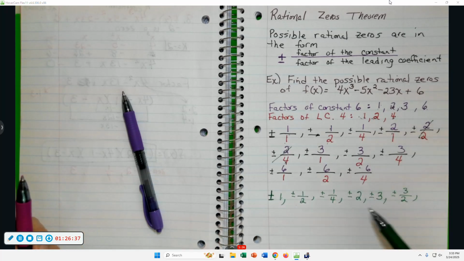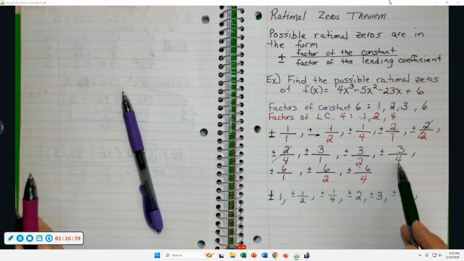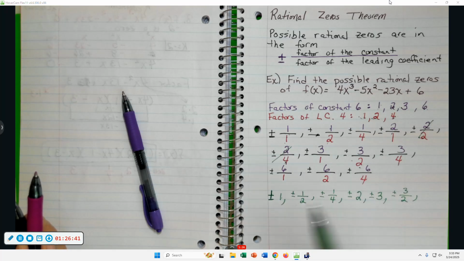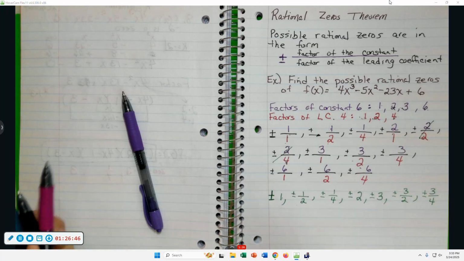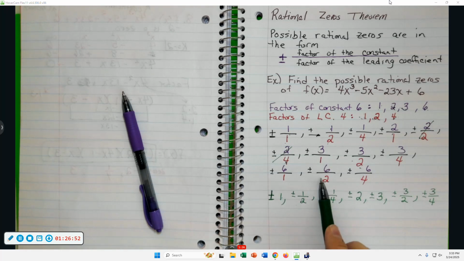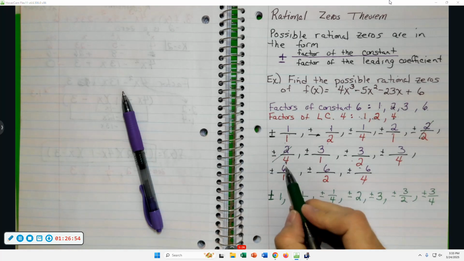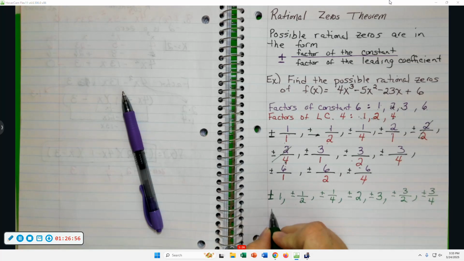And let's see, 3 over 2. 3 over 4, I haven't listed that one already. Are y'all caught up with me? So we now have these last 3 to do here. 6 over 1, how am I going to write that? Just a 6.